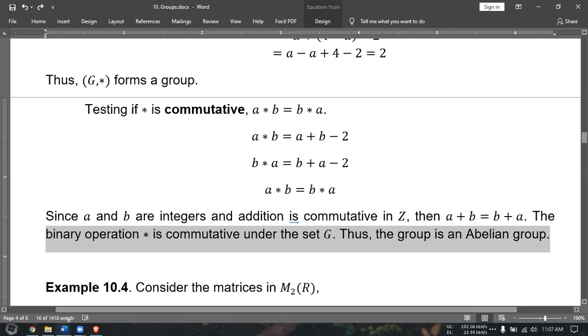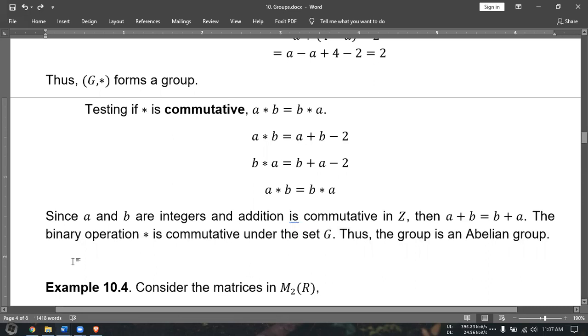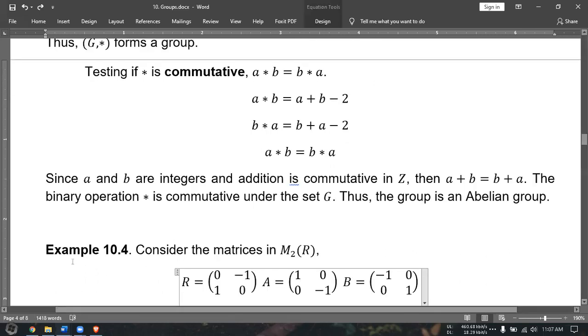Example number 4. This time we are to apply the conditions for a group with matrices. Consider the matrices in M sub 2 of R, or 2 by 2 matrices whose elements are real numbers.